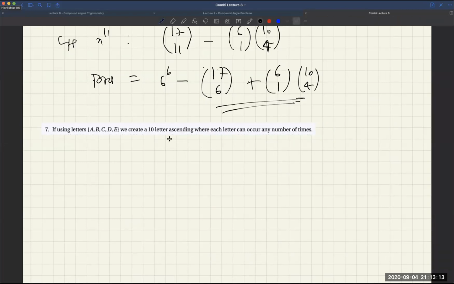We need to make ascending sequences of this number. 10 letter ascending where each letter can occur any number of times. What do you get of this?